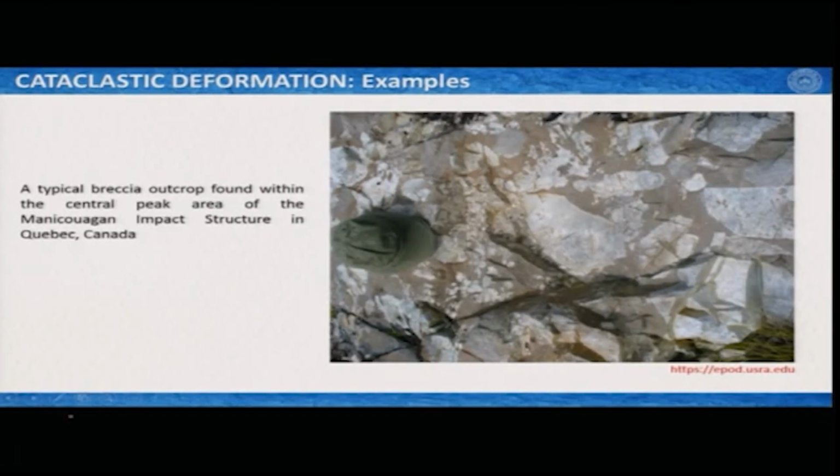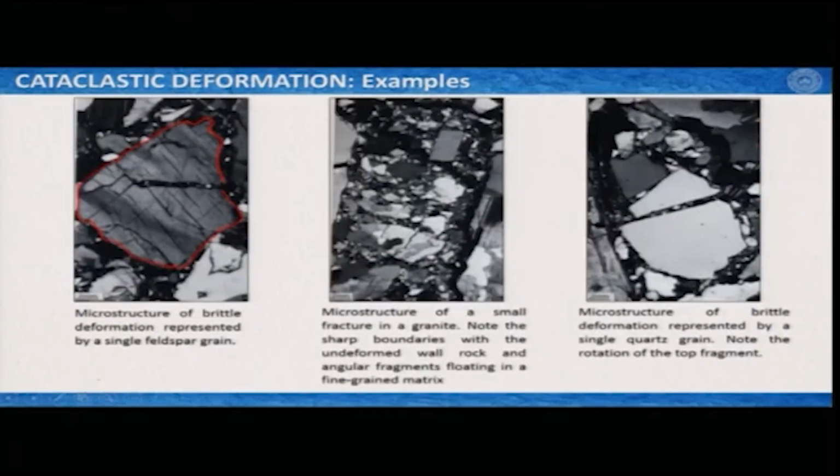And these are the cleavages of this grain, and you can see this grain is characterized by some sort of fracturing here, here, here, here and so on. So, these are characteristics of cataclastic deformation.